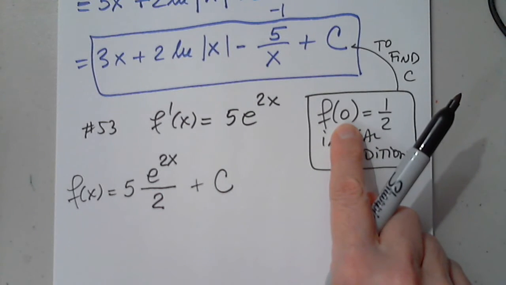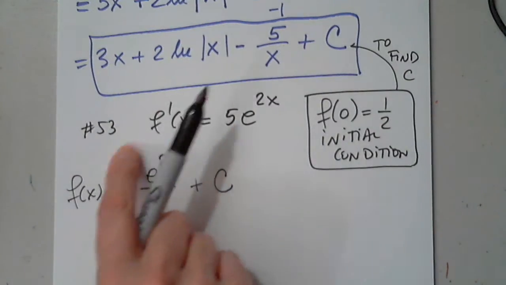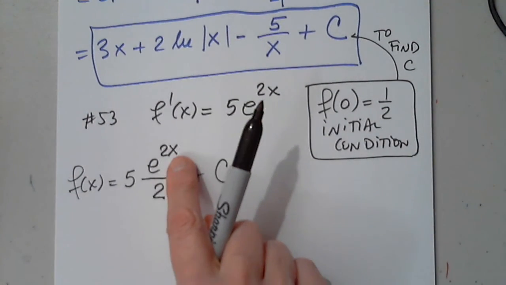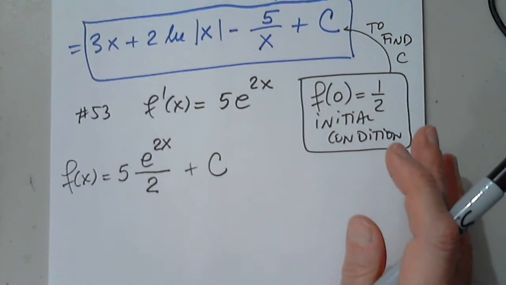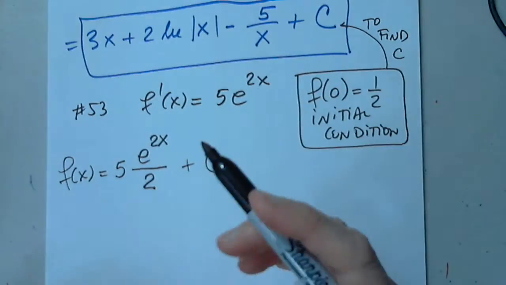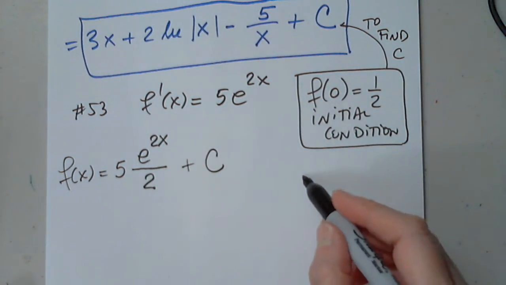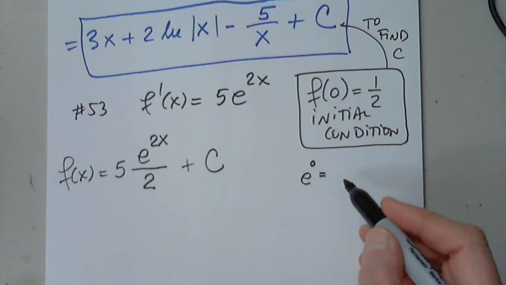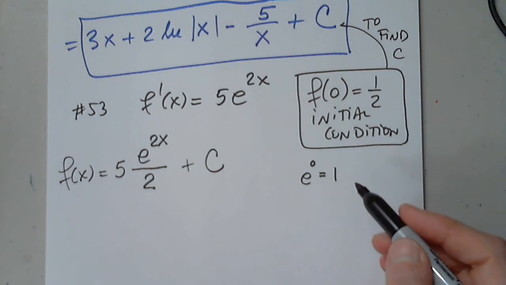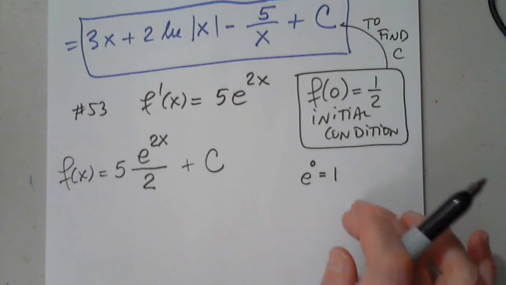When the independent variable is 0, the whole answer is 1/2. So how much is e to 0? Can anyone give us e to 0? Somebody's saying 1. Very good. It's 1.